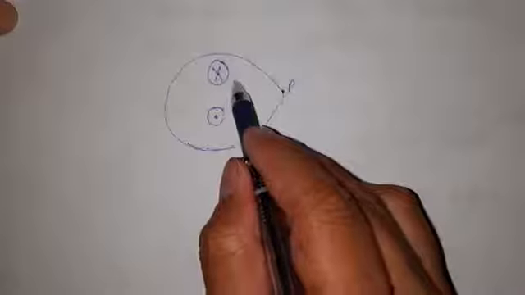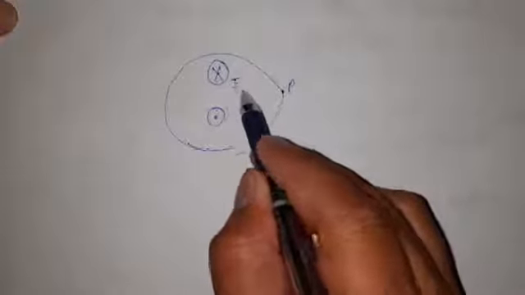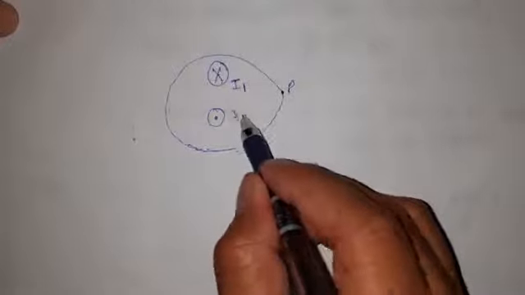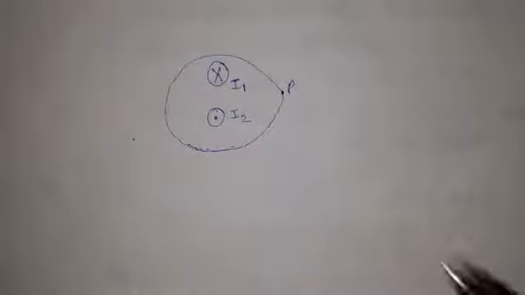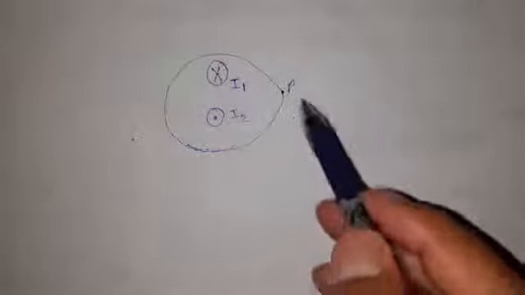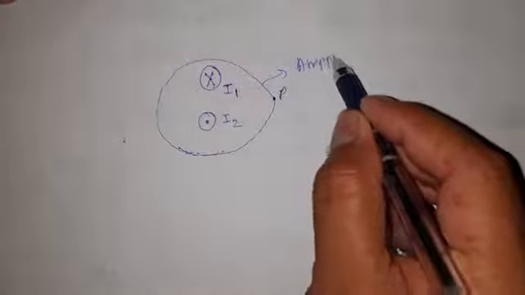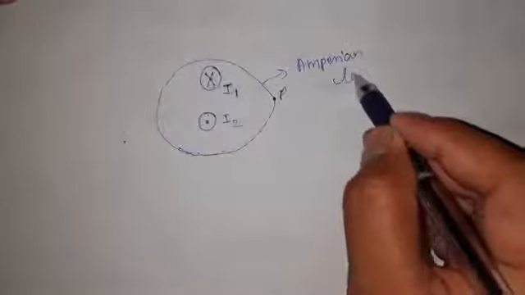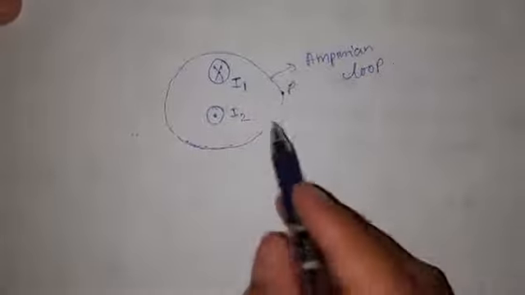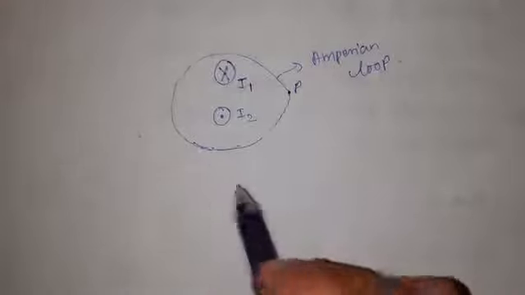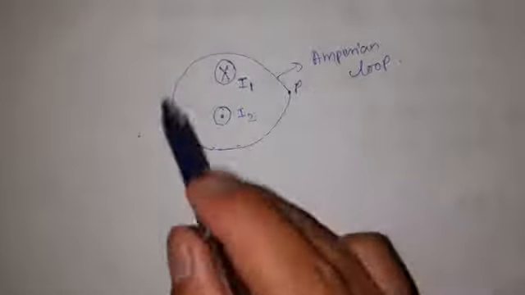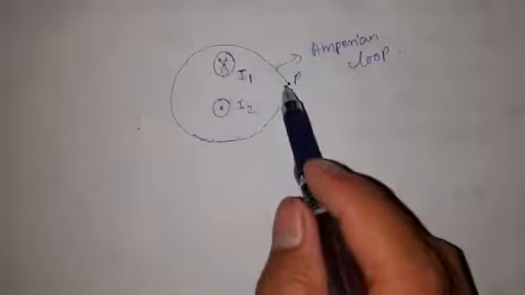Now this current which is going inside, let it be I1, and the current which is coming out, let it be I2. So these two currents are going to lie inside this Amperian loop. This is over here, the Amperian loop. Okay, now what will be the magnetic field at this point P?